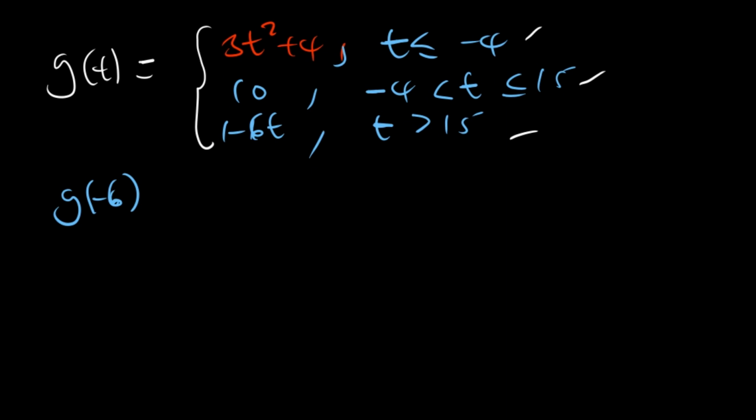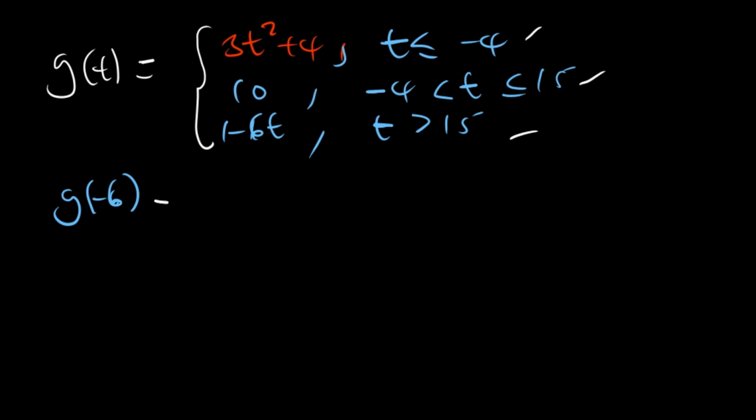Is it the first one, the second one, the third one? It's the first one. The first one is saying from negative 4 all the way to positive infinity. It includes negative 6, not so?